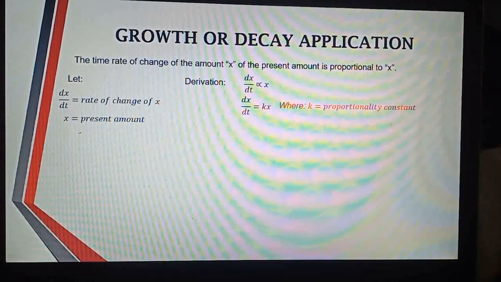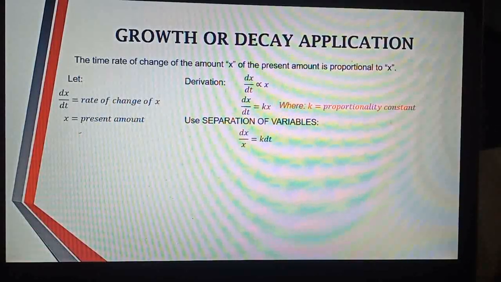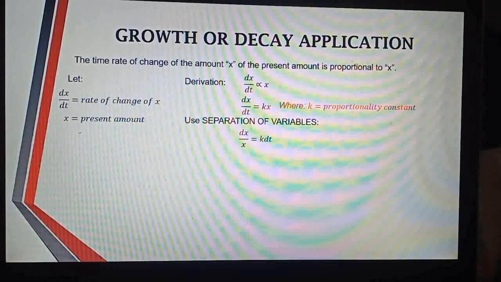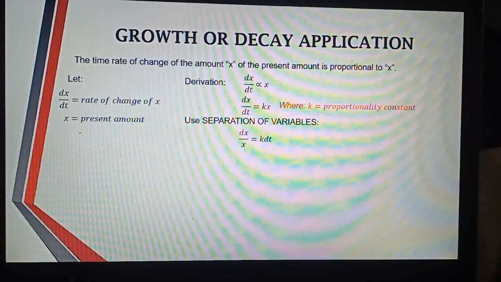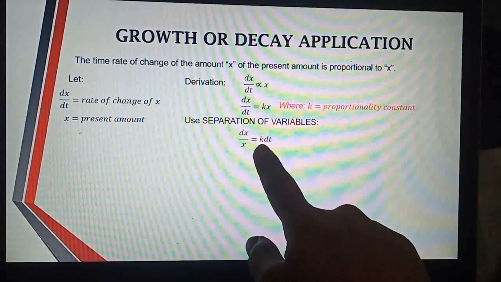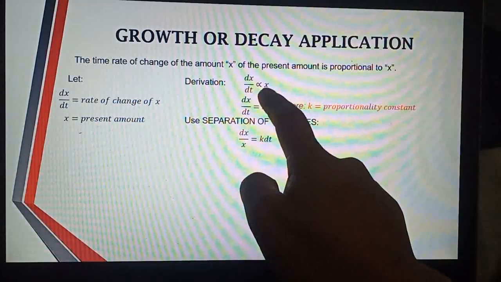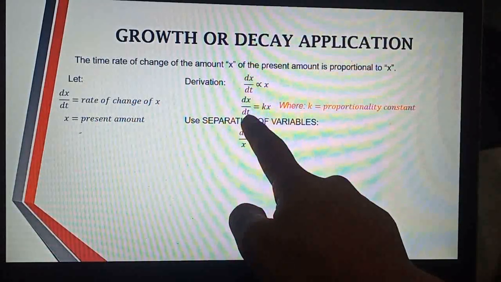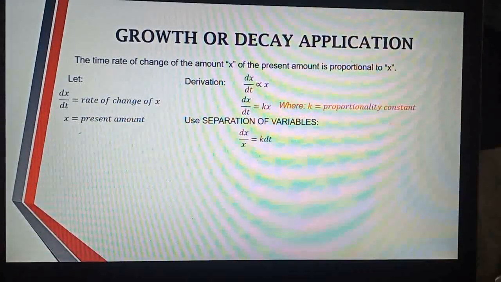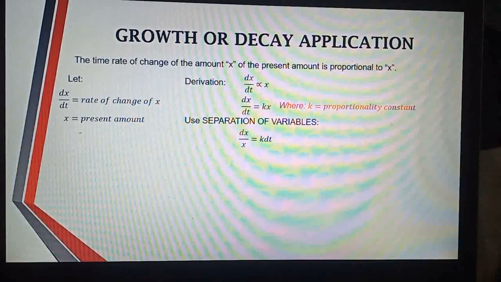Then we apply the differential equation by using separation of variables, meaning all the x together and all the t together. K is considered a constant because our variables here depend on x and t. So we will have dx over x equated to k dt.